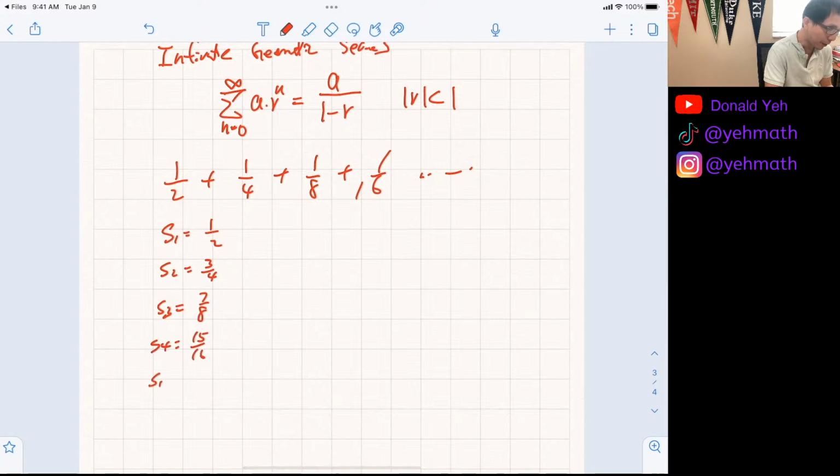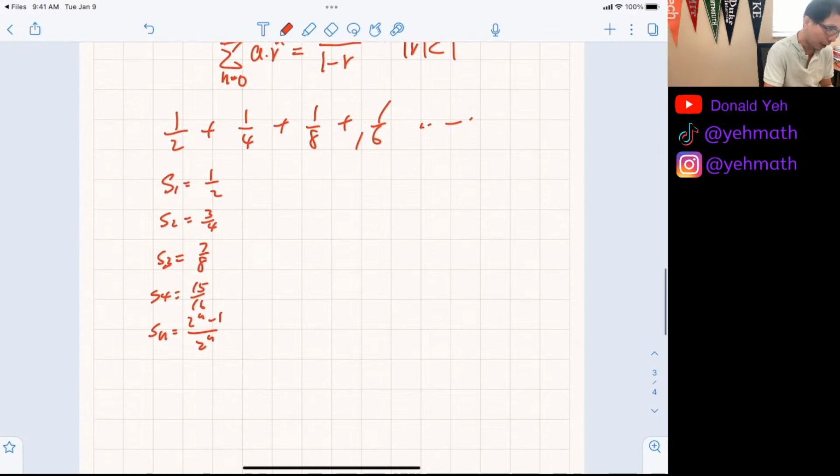Eventually we say Sn equals (2^n minus 1)/2^n. As n reaches infinity, that eventually equals 1.